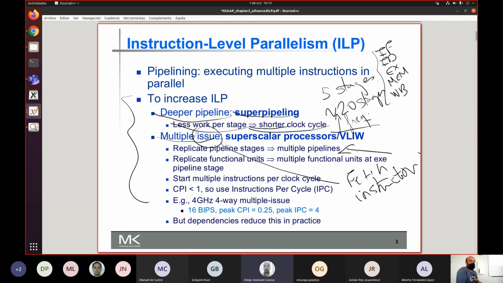Some stages are replicated, other stages are not. Okay, so just some of them. We are going to replicate some functional units. So for instance, we can be able to execute several multiplications at the same time, or several divisions, or something like that, okay? Okay, so the overall target is to start multiple instructions per clock cycle.